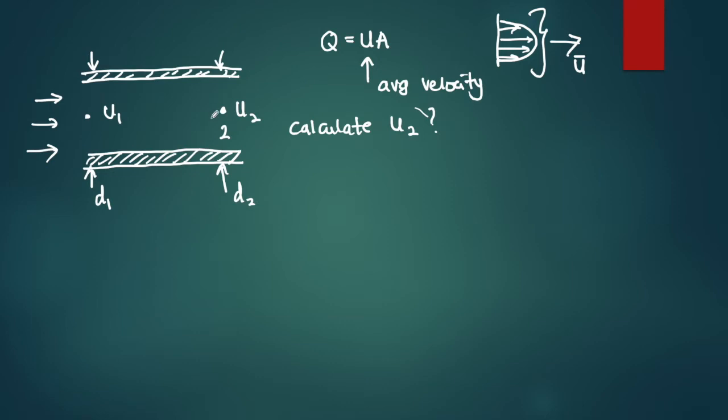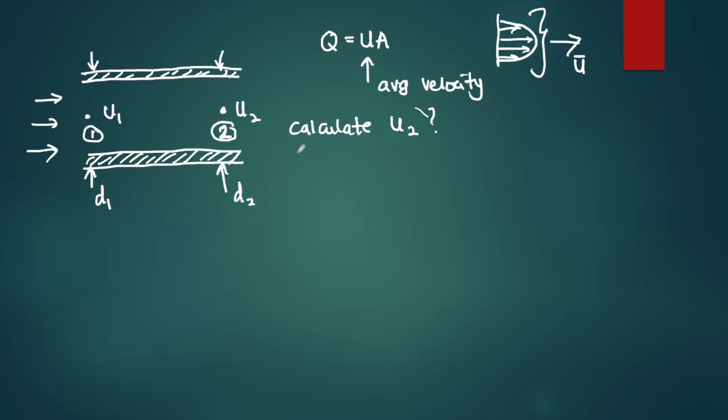So this is section 2, this is point number 2, and point number 1 is normally at this cross-section. This is how we select the points. In the pipe, point number 1 and point number 2 are in the middle, at the center of the pipe, for both U1 and U2.